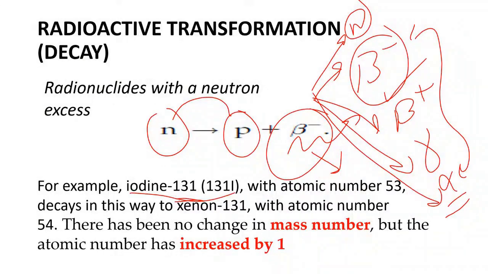Iodine 131 is used in treatment because it emits beta minus particles. These beta minus particles lose all their energy over a short range, meaning they travel a short distance.